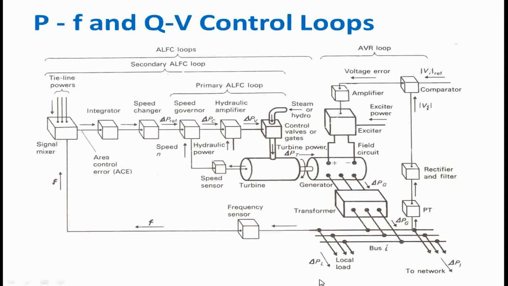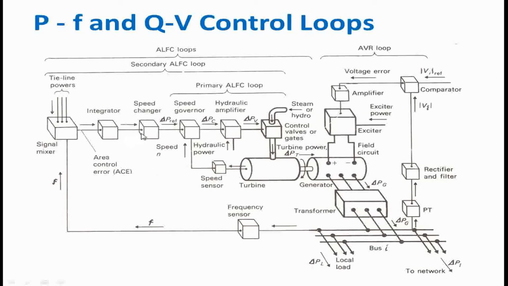If there is a reduction in the power load connected to the power system, we have to reduce the power generation, and for reducing the power generation we have to reduce the mechanical input, and for reducing the mechanical input we have to reduce the input of the turbine, and to reduce the input, that is, we have to control the valve, we are going to give a command signal as lower command.